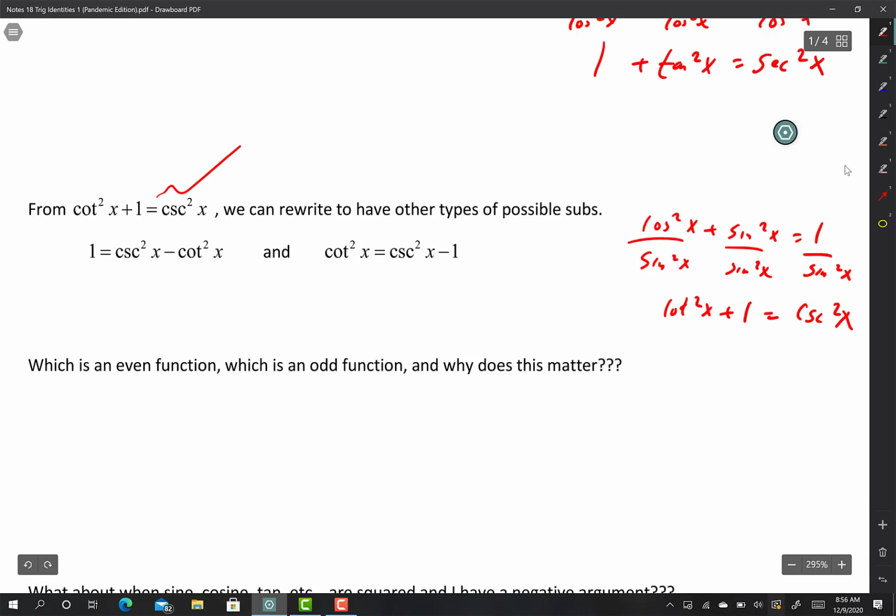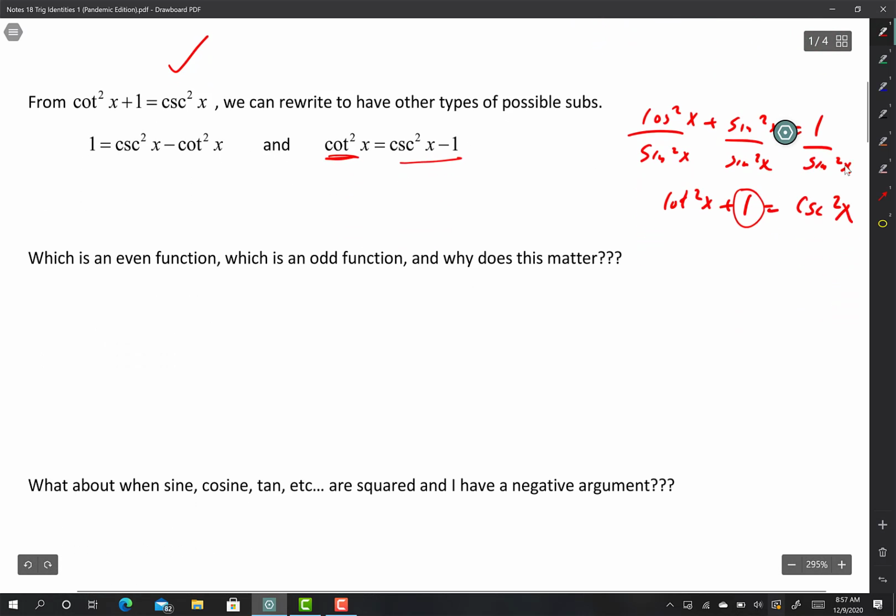So there it is, guys. And then, to isolate the 1, you can just move the cotangent squared to the right, so it becomes cosecant squared minus cotangent squared. Or if you want to get the cotangent squared by itself, you just move the 1 to the right, so it becomes cosecant squared minus 1. So look at all the different equations we have just from that.